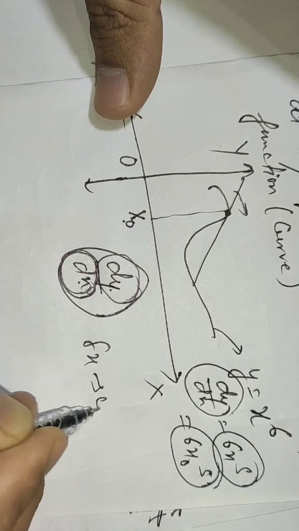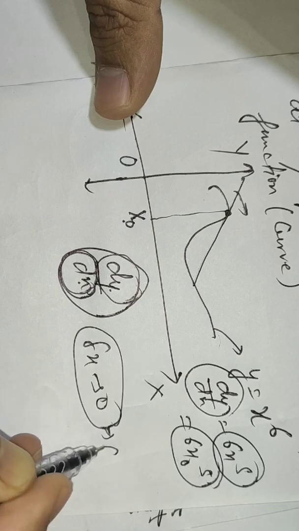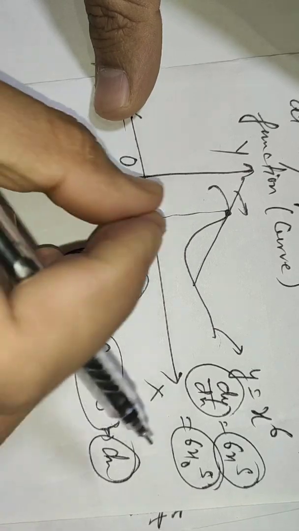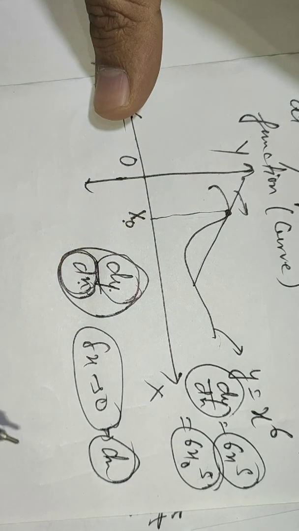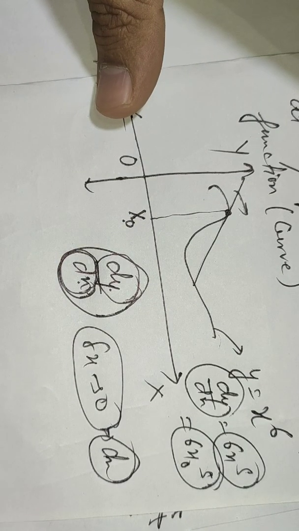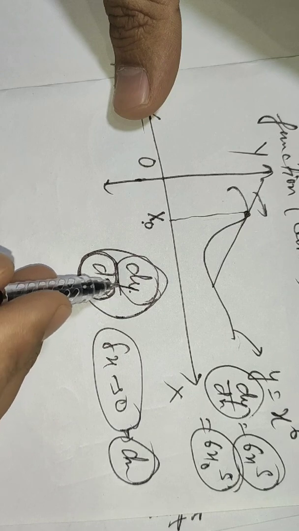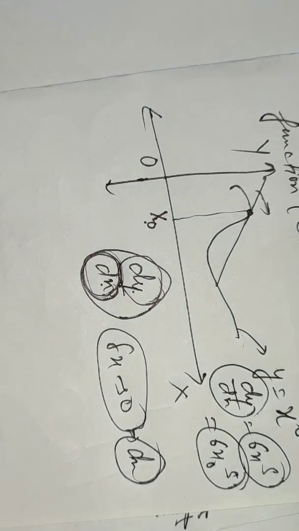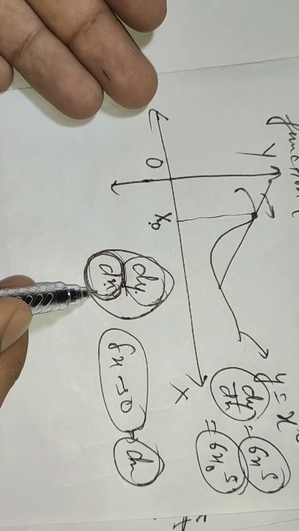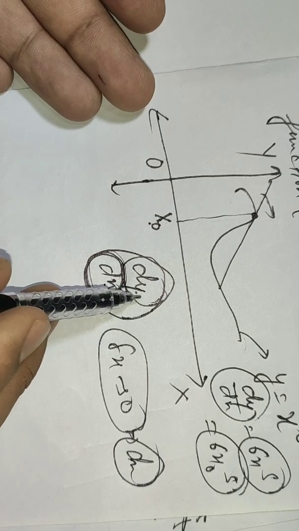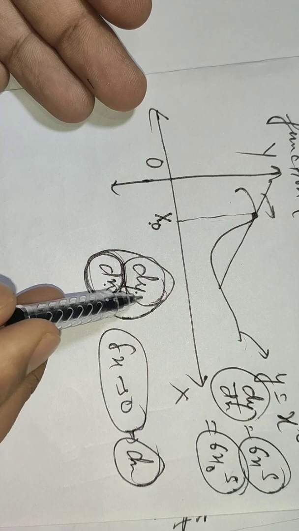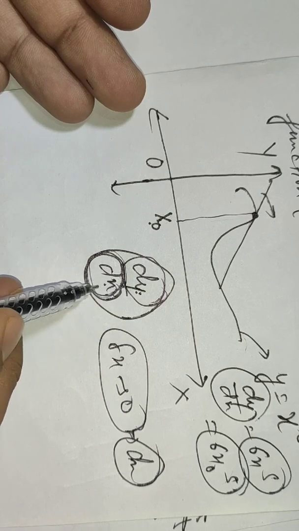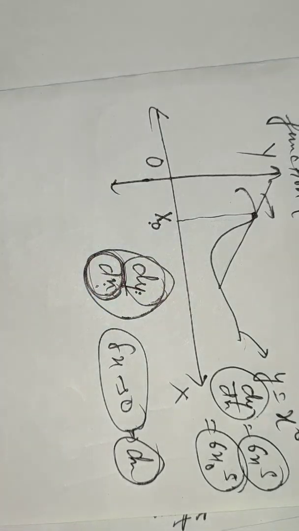Delta x tending to 0 is called dx, meaning this change in x will be very small, so we call it dx. If the change in x is very small, then the change in y will also be very small. So we are going to calculate the rate of change of y with respect to x in this chapter.